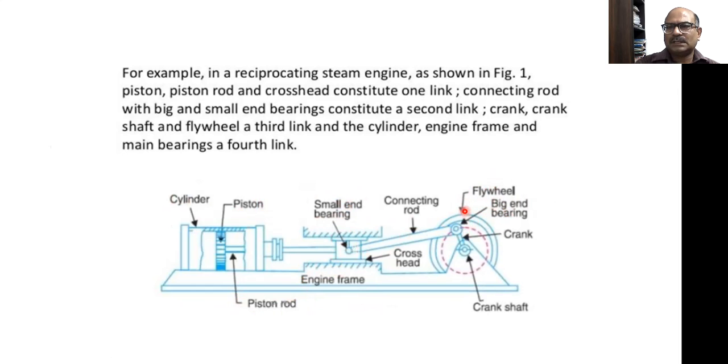All constitute links. But what is the primary link or secondary link? So piston rod and crosshead are the primary link, but the connecting rod is the second link. Then crankshaft and flywheel are the third link, and the cylinder, engine frame, and main bearing are the fourth link.